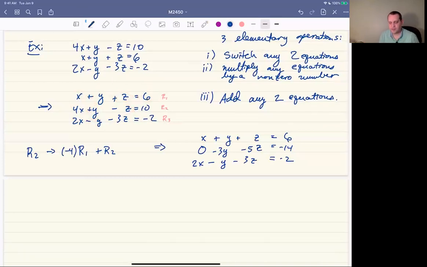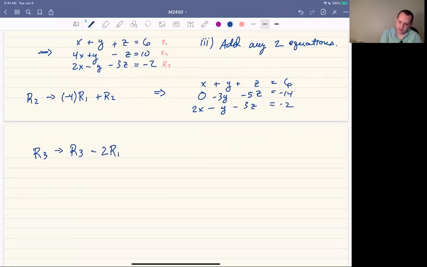The next step is to do it with the bottom equation too. We're going to replace the third equation by itself minus twice the first equation. The only thing that's going to change is the third equation. I'll copy the other two: x plus y plus z equals 6, and -3y minus 5z equals -14.